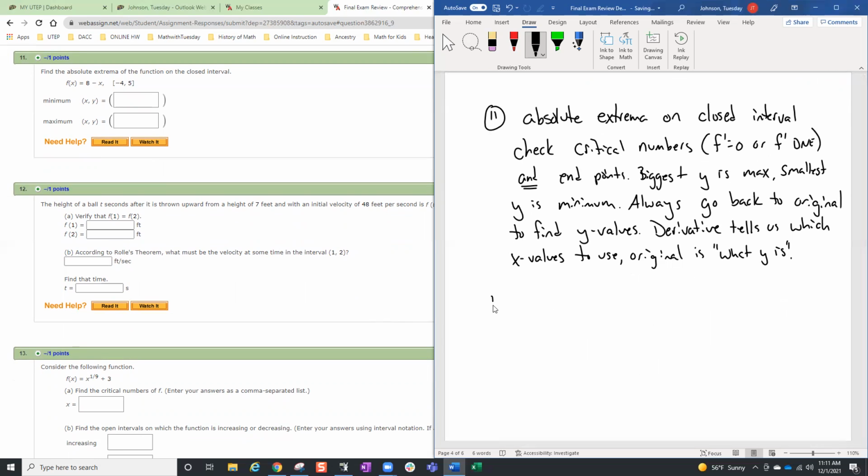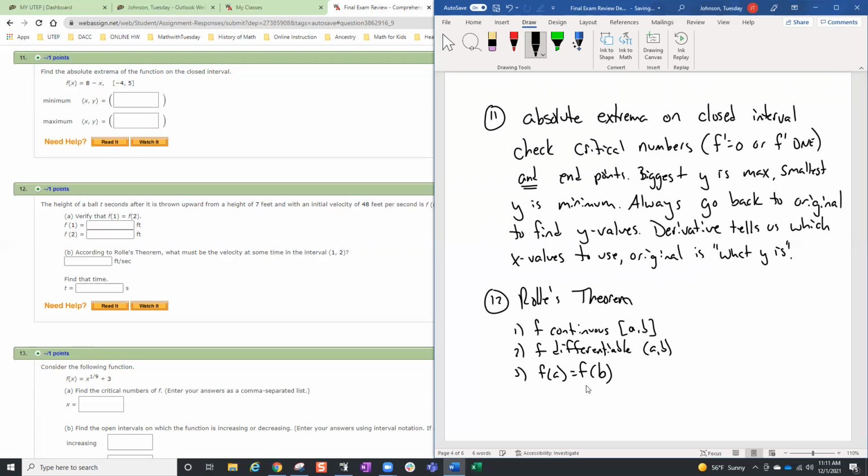Remember Rolle's theorem? Rolle's theorem we'll check is continuous on a closed interval, A to B. It has to be differentiable. So derivative has to exist on the open interval. And it must be that f of A is equal to f of B. Then, so these are all if.